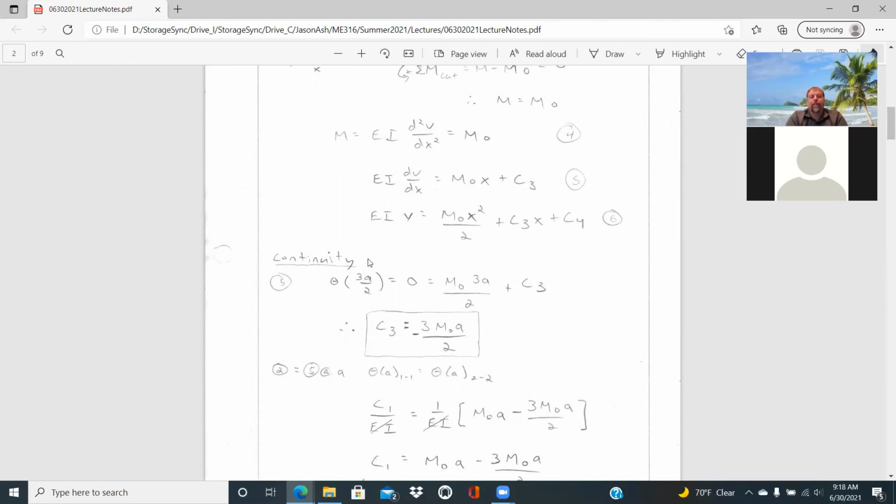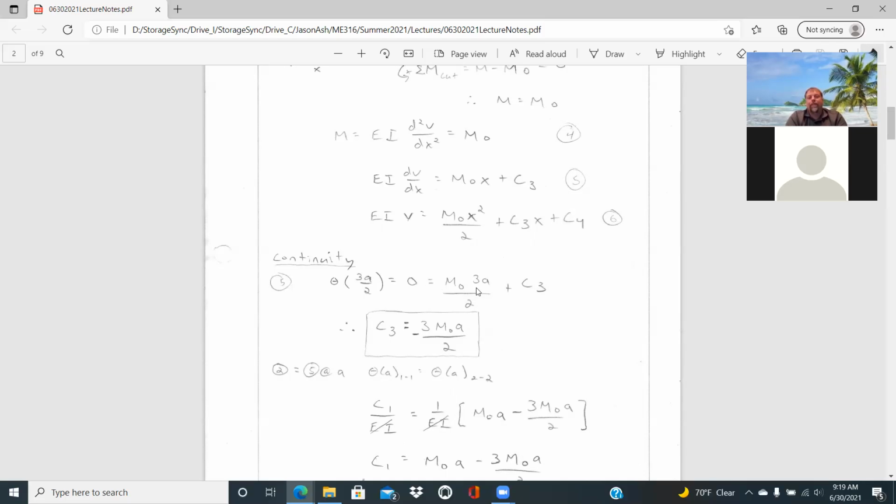transition of slope. And so what we find from equation 5 then is that theta at 3a over 2 has to be equal to 0. So the slope at the middle of the beam is equal to 0. And so if we plug that into 5, we know slope is equal to 0, so everything on the left-hand side is 0.